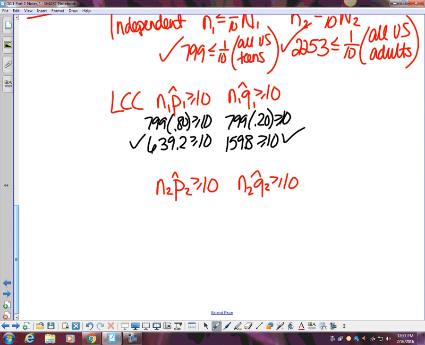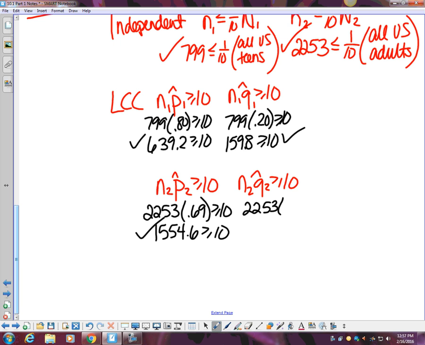Make sure that it's crisp and clear and can be read. So, you know, just slow down and do it right. 2253 times 69%, and that's 1554.6, which is definitely bigger than 10. And this one's 2253 times 31%, and that's 698.4, which again, definitely bigger than 10.